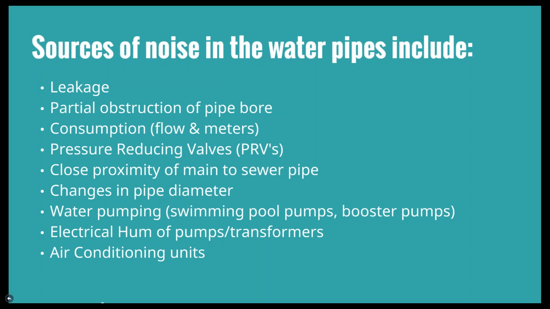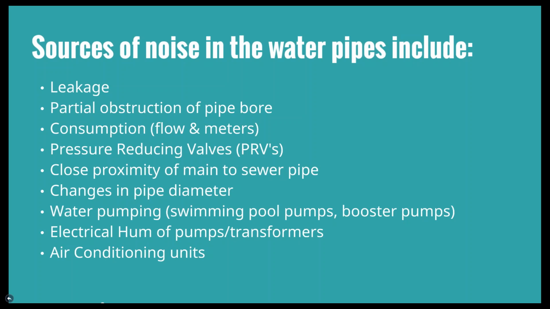With the correlators, you want to know where your services are, and either isolate those when you're doing a correlation or verify that they're not flowing. With some of the logger technology out there, you typically want those set overnight when people aren't using their water, and have them collect the data in the 2 to 5 a.m. range, so that you're not getting false positives with meters.